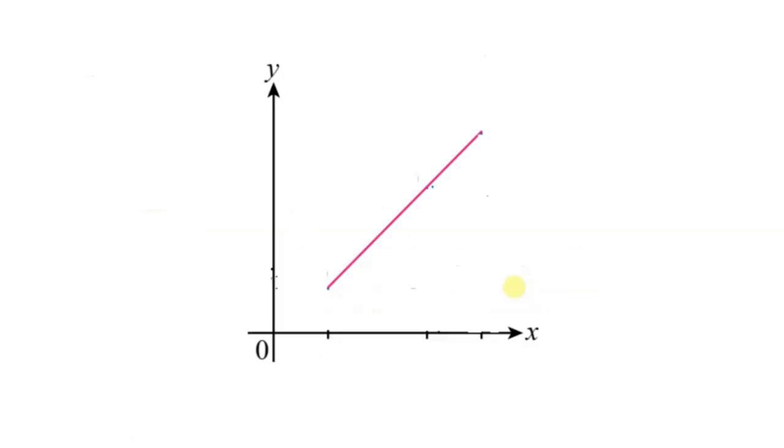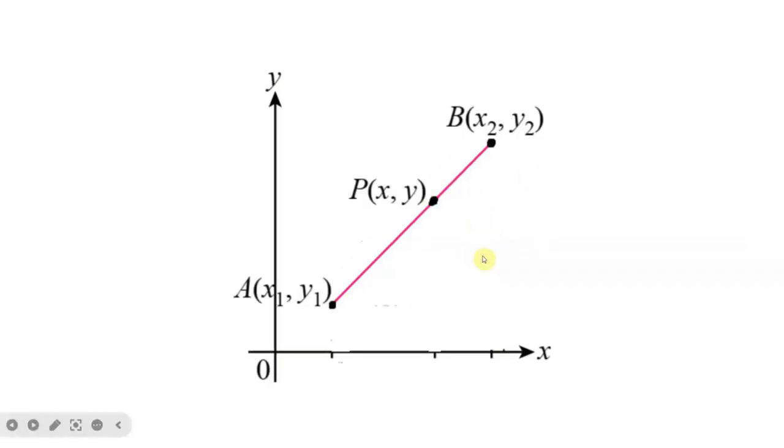To start off, we look at a line which is drawn on a Cartesian plane, and we are going to plot 3 points here, A, P, and B. The point A here has the coordinate x1, y1. We have a point P which divides the line segment, and point B, x2, y2.